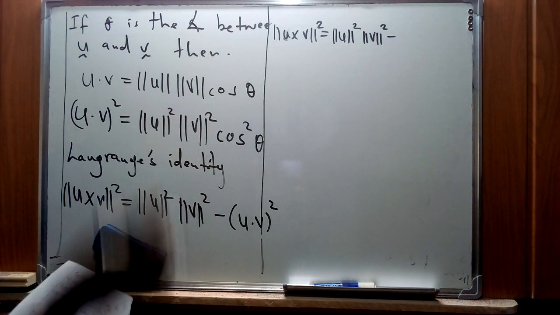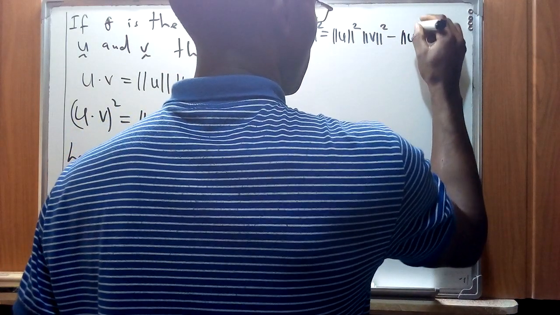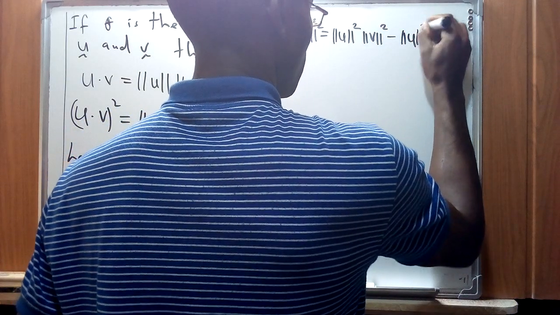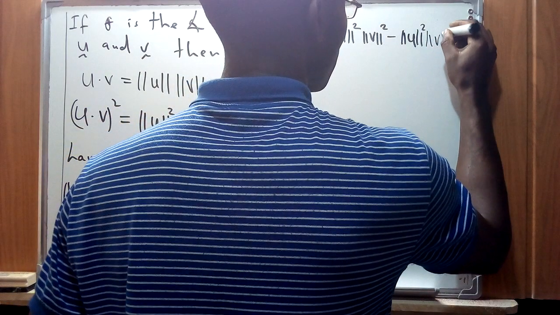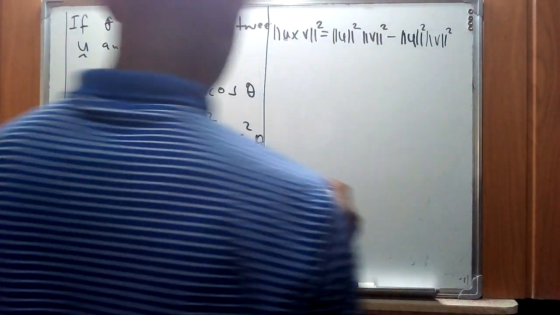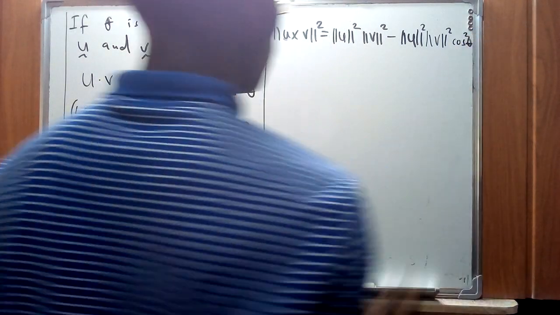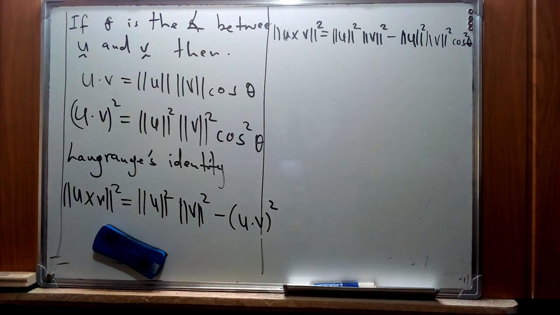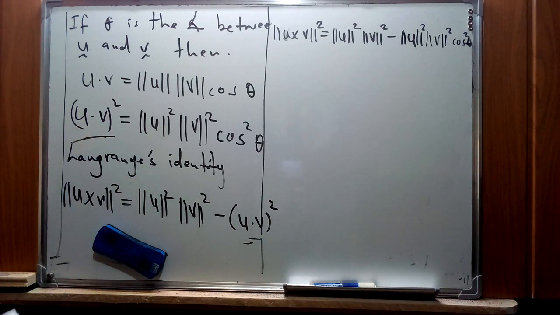Now we do a substitution for this, which is going to give us minus the norm of u squared, the norm of v squared, and then the cosine squared of theta. So that's a second representation. For our case, we've just done a substitution for that.